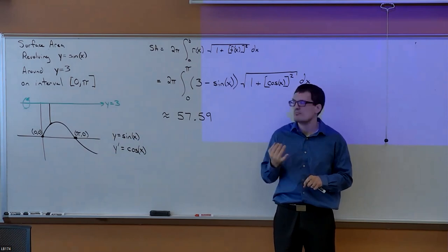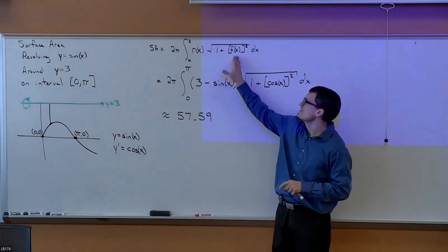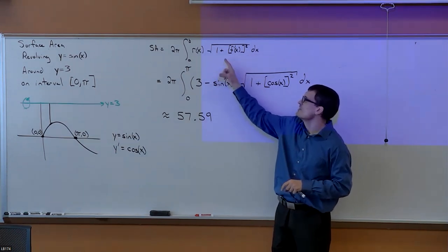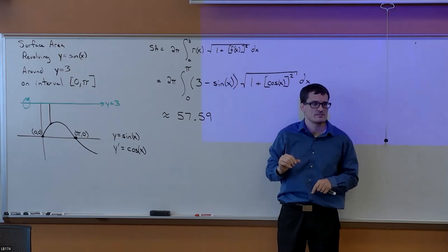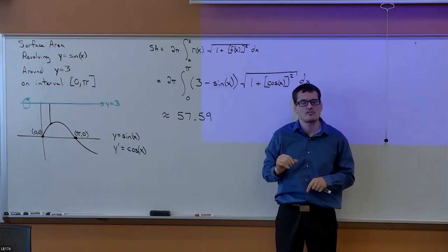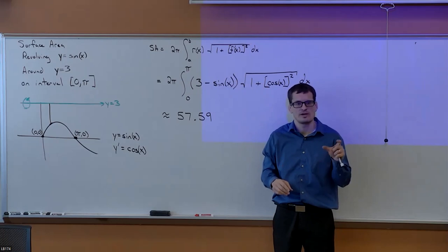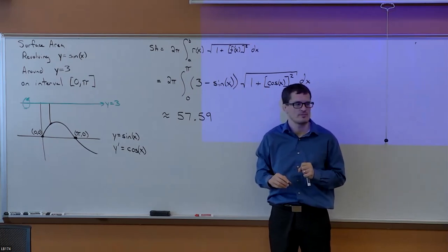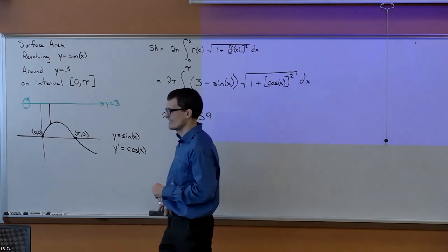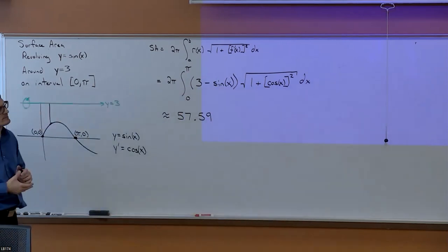Most of the time, it's going to be easier to integrate surface area using the variable x, as long as we're able to go back and forth between the radius like we would in the disk method, or the radius like we had in the shell method. Any questions about surface area?